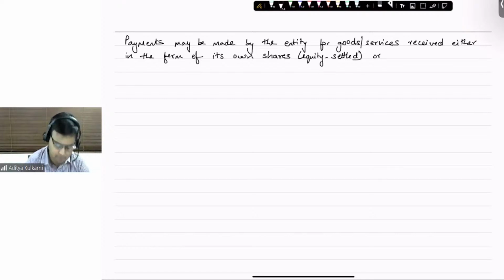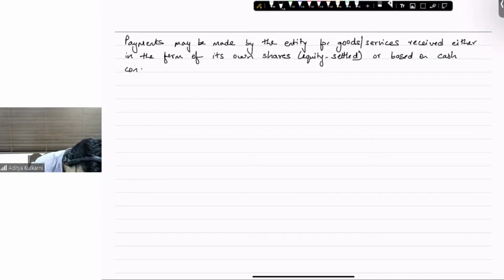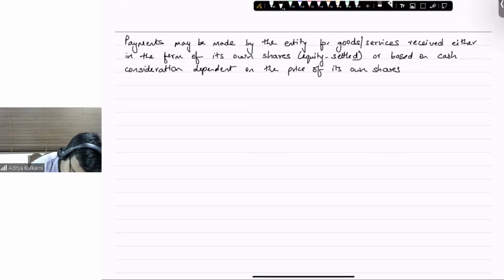So basically, your payments may be made by the entity for goods or services received either in the form of its own shares or based on cash consideration dependent on the price of its own shares. So this is basically what we call cash settled.